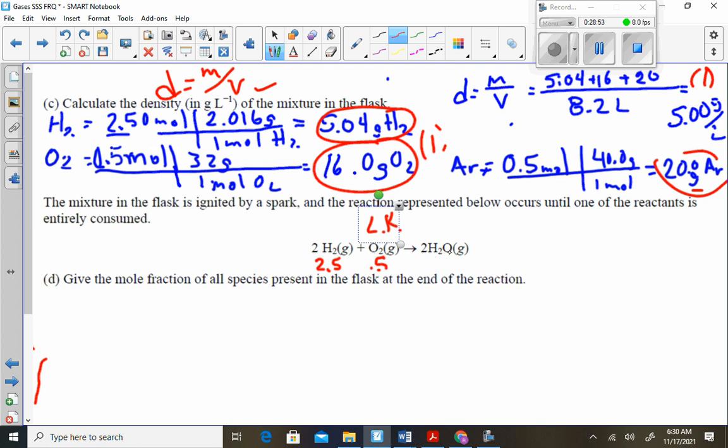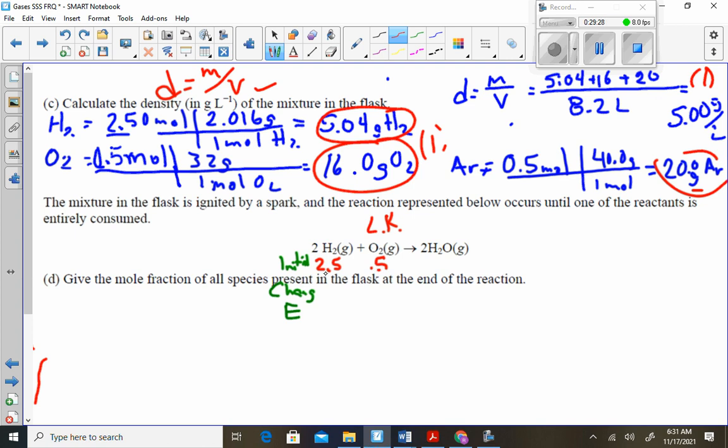And so we can do an ICE chart, and I know we haven't talked about that in class, but here are our initial conditions. Then we have our change, and then we have E for at equilibrium, and this guy kind of goes to completion. All of one of the reactants, the limiting reactant, is consumed. And because the molar ratios are kind of easy, I think we're going to attempt this one.